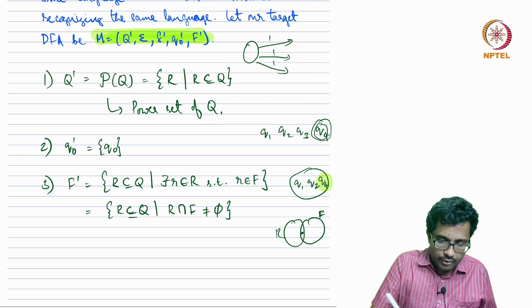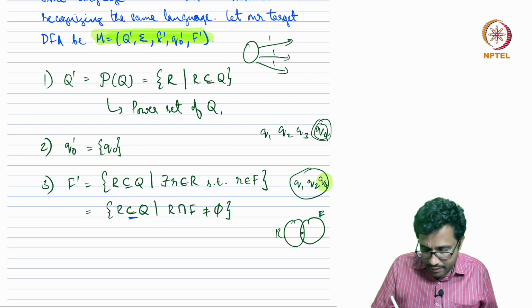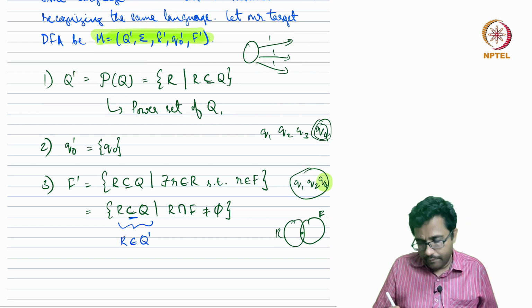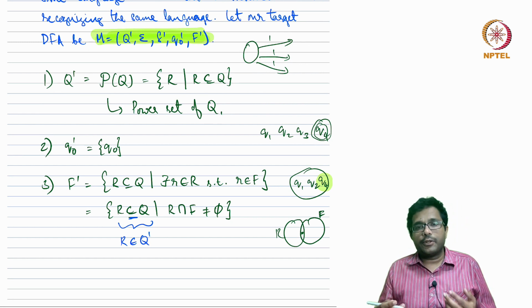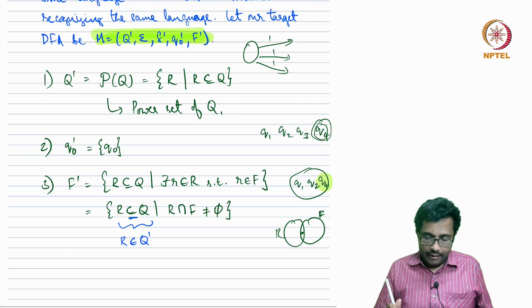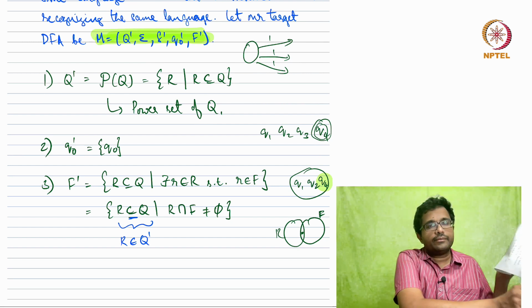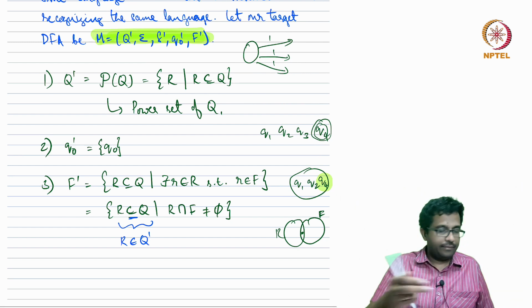So R subset of Q is the same as saying R is in Q prime, because the members of Q prime are the subsets of Q. So this is another way of writing the set of accepting states F prime.